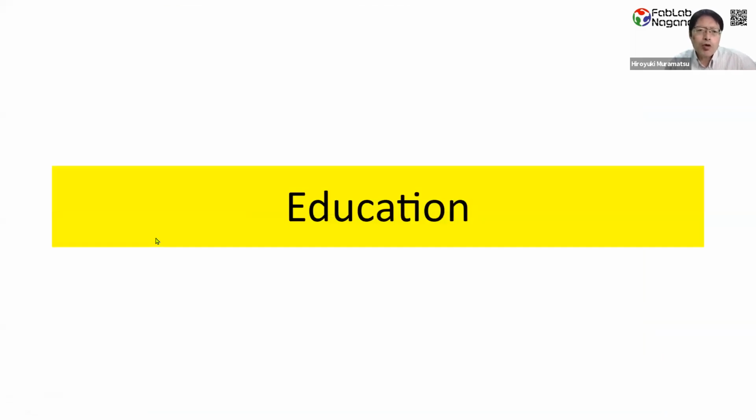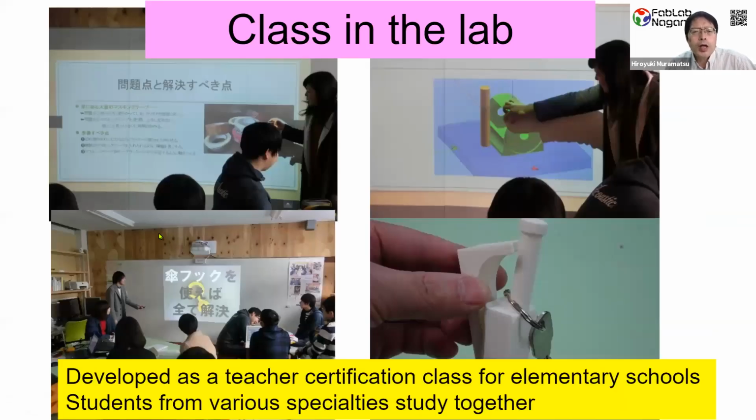So next, second topic, education. This slide shows a class in the lab. This class is set for undergraduate students, and was developed as a teacher certification class for elementary school teachers. It's a teacher's license class, and students from various specializations study together.